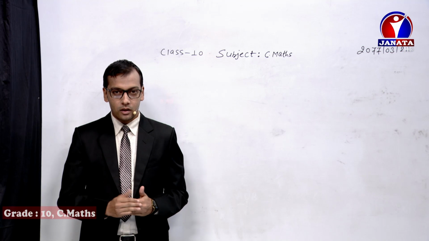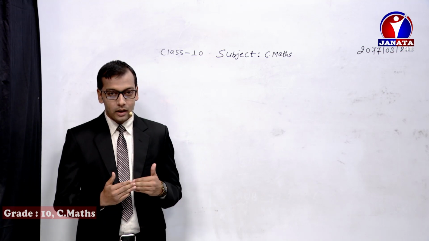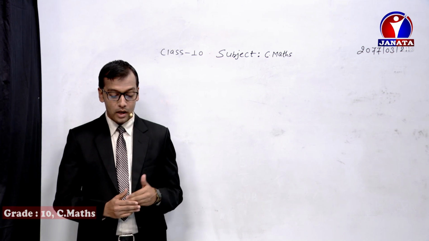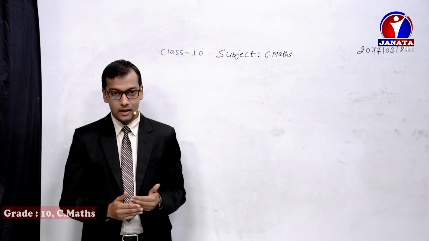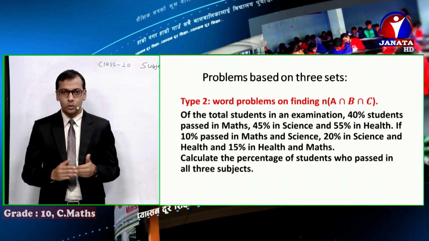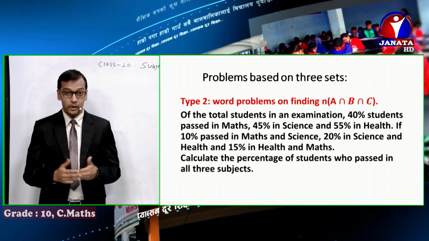So let me take the first question for today's class. Let's have a short look at the question. I'm displaying a slide for this. Let's see the question and try to write the information mentioned in it. Let me read out the question now.